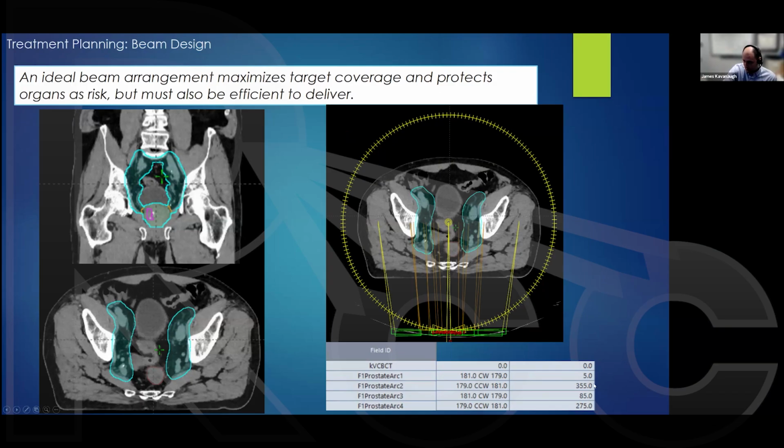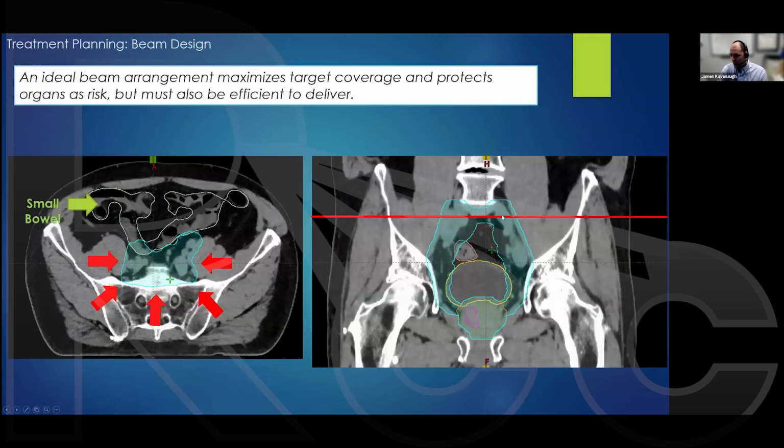This last column is collimator angles. The first 2, almost universally for us for prostate, are just 5 degrees off of 0 for collimator angle, so avoiding a true 0, and then doing some almost full rotation at 85 and 275. For these last 2, the collimator angles may vary a little bit between dosimetrists as well. And why do we do that?